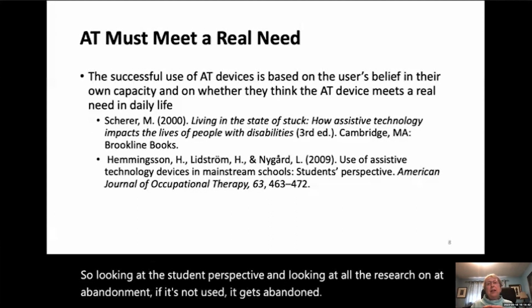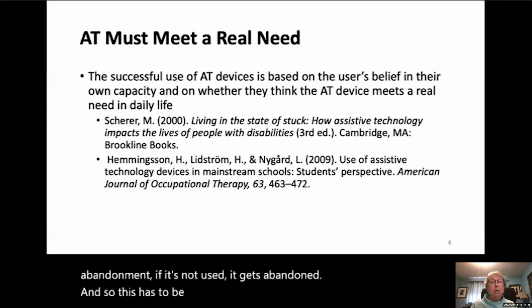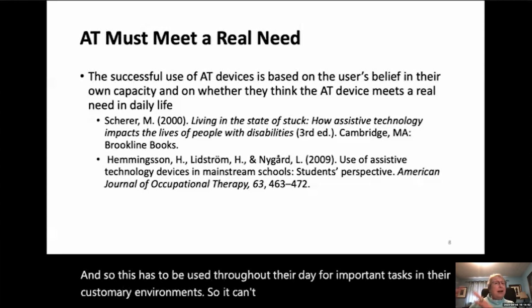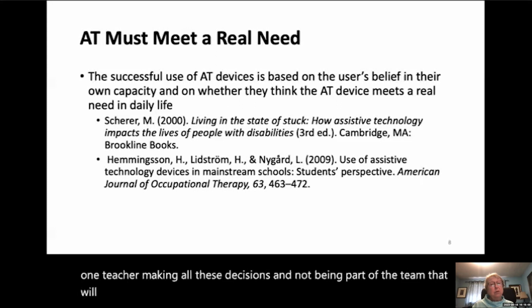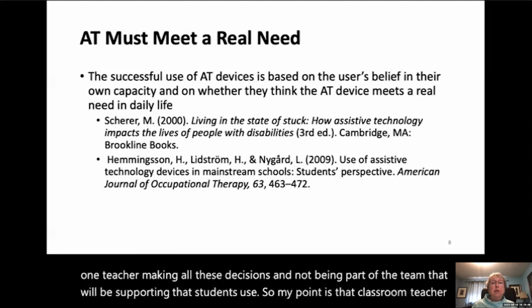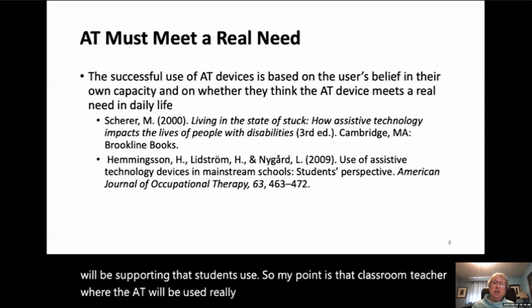And so this has to be used throughout their day for important tasks in their customary environments. So it can't just be an AT specialist and an OT and one teacher making all these decisions and not being part of the team that will be supporting that student's use. So my point is that the classroom teacher where the AT will be used really needs to be part of this team.